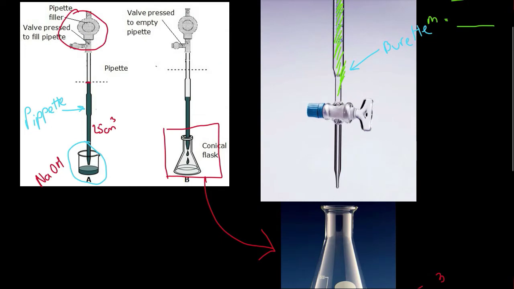Okay, so now we're going to start the experiment. But before we start, we need to add something called an indicator. At this point I'm just going to talk about them briefly. So you add a suitable indicator.